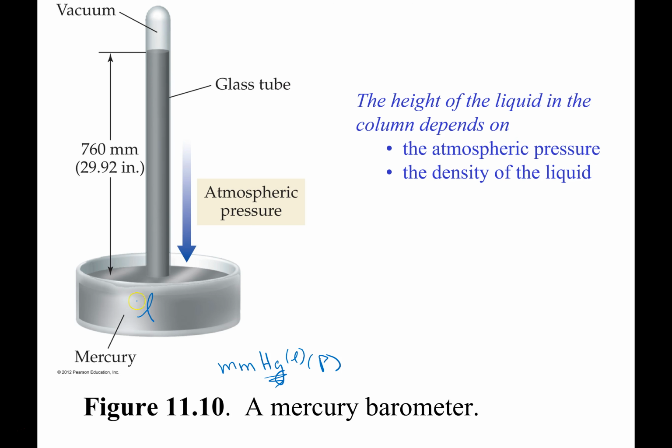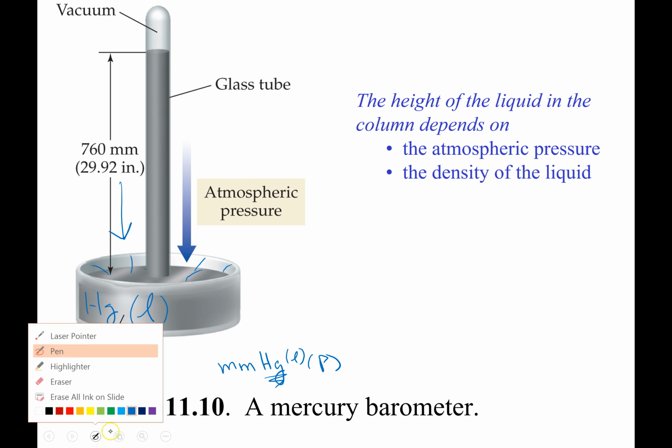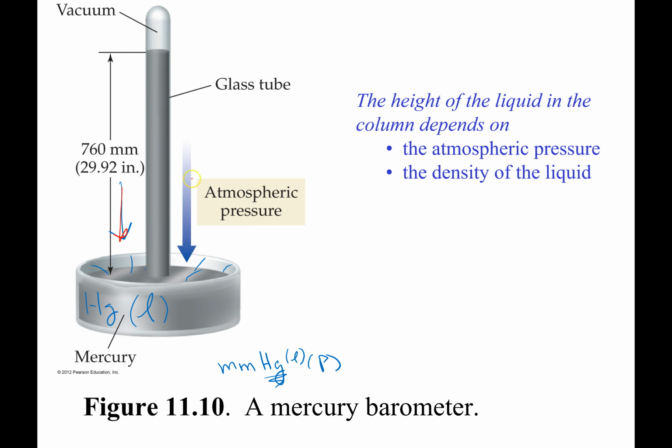The way we measure pressure using liquid mercury is this. Basically, this is a pan of liquid mercury that is open to the atmosphere. That means the atmosphere can pound on it, and you can see this pounding with this arrow over here. As the atmosphere pounds on it, it causes the liquid mercury to rise up, and it will establish an equilibrium.